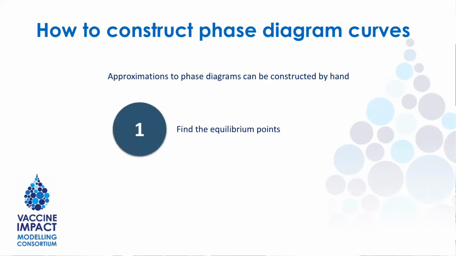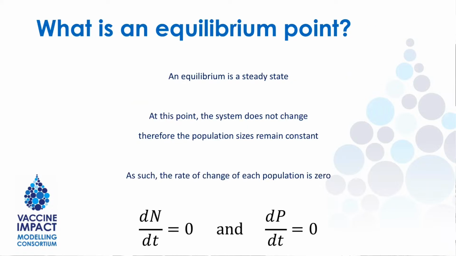Okay. So, first thing we would do when constructing one of these, or thinking about exploring our model, is to find the equilibrium points. What do we mean by that? Well, we mean the point where neither population is changing. So we're thinking about, on the time graph, that flat part where they've reached a stable or steady state.